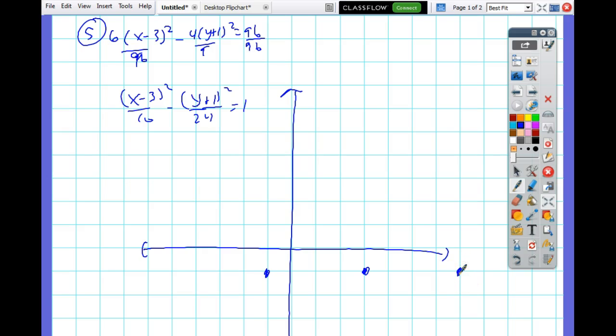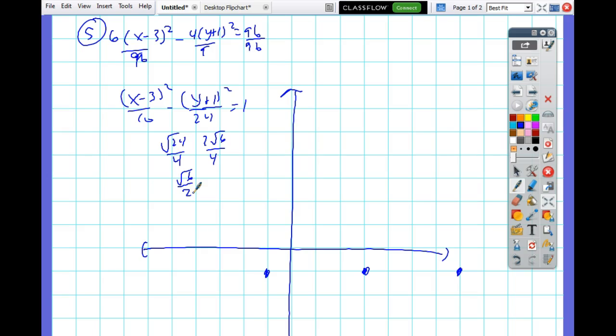And then I know also that I need to find my asymptote slope, which is going to be rise over run, which would be square root of 24 over 4, right? What can I take out of 24? 2 root 6, right? Over 4, which is root 6 over 2. That doesn't help me much.